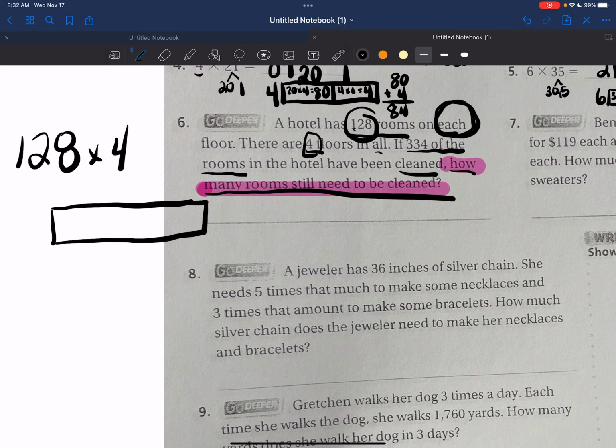Let's decompose our larger number and use expanded form. 128 in expanded form is 100 plus 20 plus 8. We have 3 numbers here when we write it in expanded form, so we need 3 boxes. 100 plus 20 plus 8. And then 4 goes along our side.